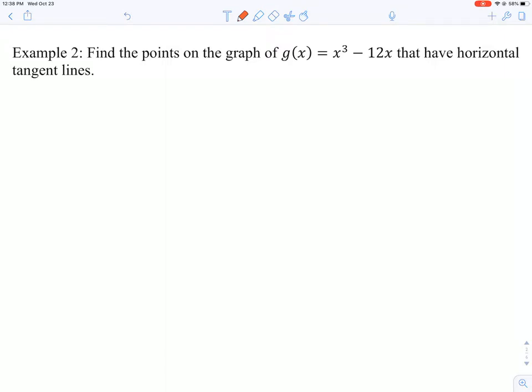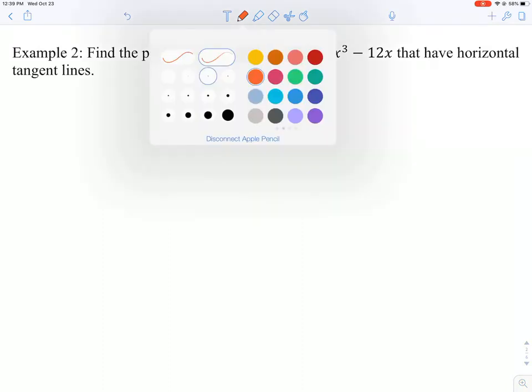Derivatives, remember, if we evaluate a derivative, give us the slope of a tangent line at a point. Well, horizontal lines have a slope of 0. So if we were to set our derivative equal to 0, we could solve for the x values on the graph of g of x that would have horizontal tangent lines. So let's first find our derivative.